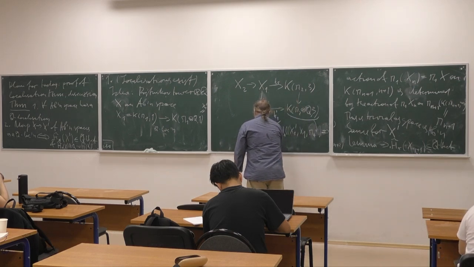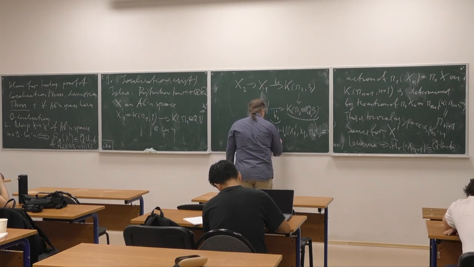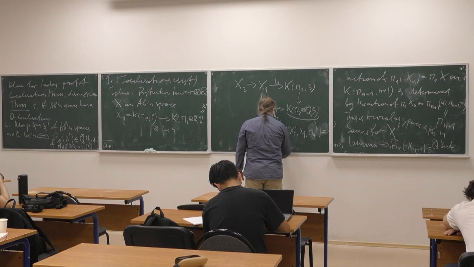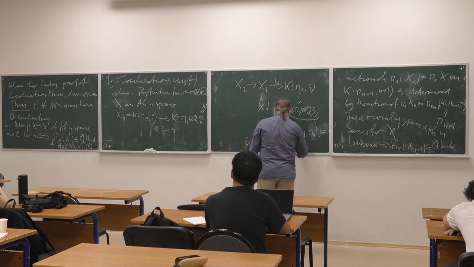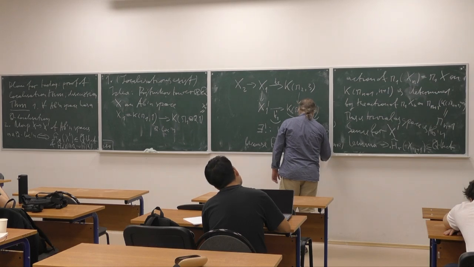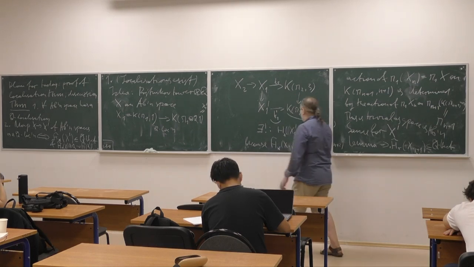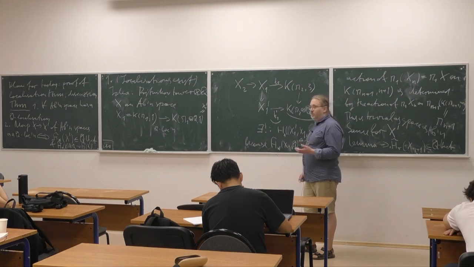Why? Because the reduced homology map from X1 to X1 prime with Q coefficients is an isomorphism.